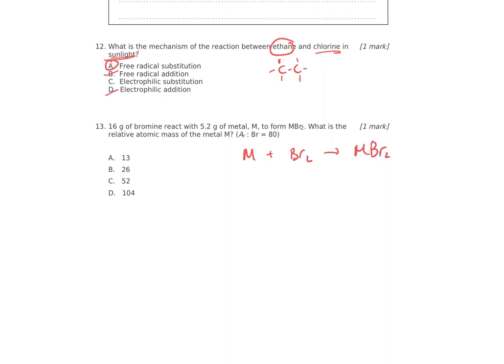So if we've got 5.2 grams of this, and we've got 16 grams of bromine, we're going to be making 21.2 grams of the MBr2. So we can work out our moles of bromine. It's going to be mass over RAM, 16, because it tells us here, over 160, which is going to give us 0.1.